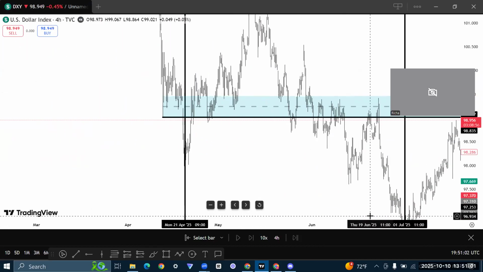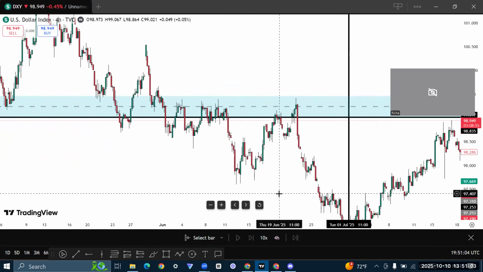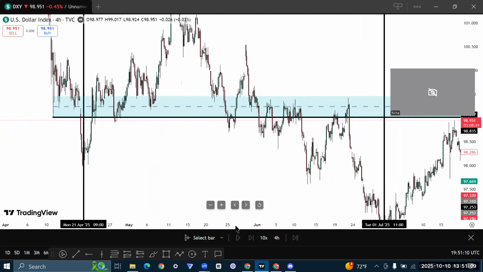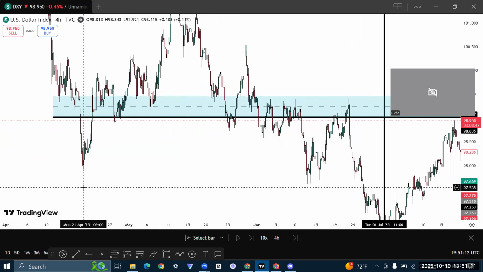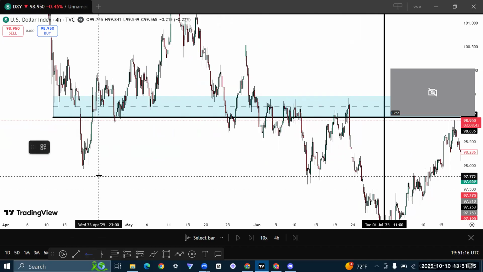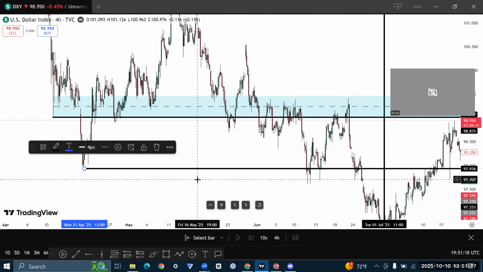Because price was bearish actually, right? The price is bearish. A little bit bullish there, then price goes bearish. It might be because of something like this. You have something called liquidity.